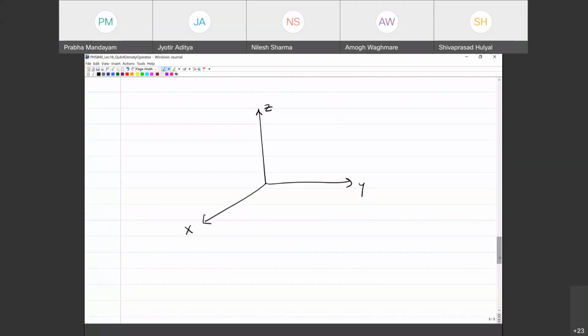How do we describe pure states in this picture? In terms of the Bloch sphere. Exactly. So we have the Bloch sphere description.